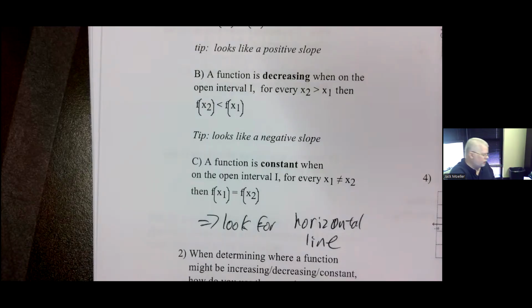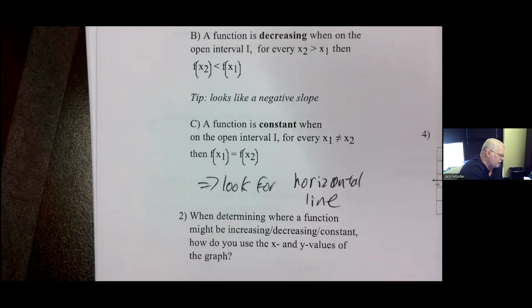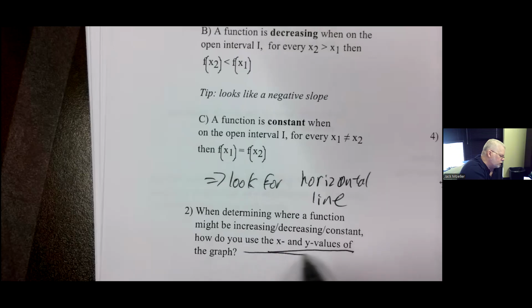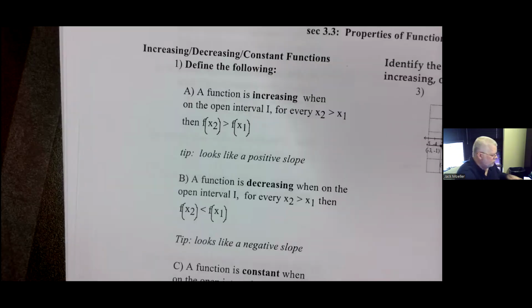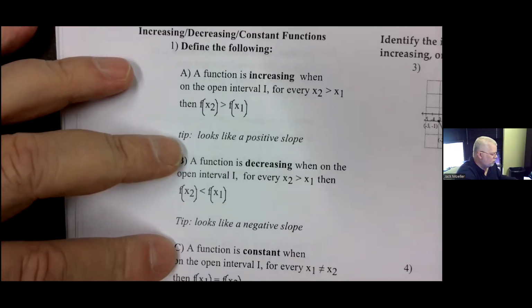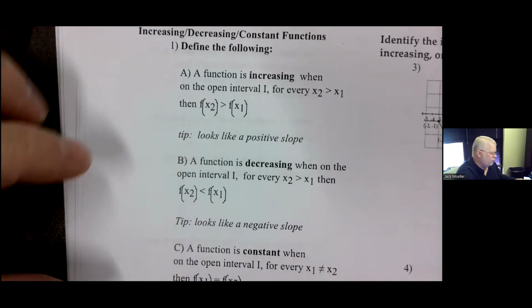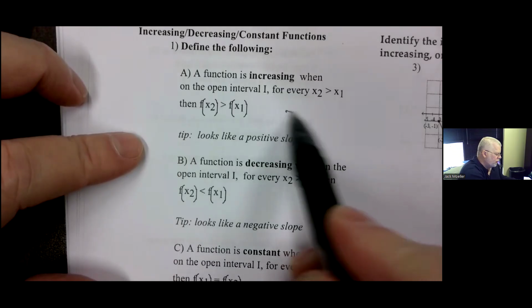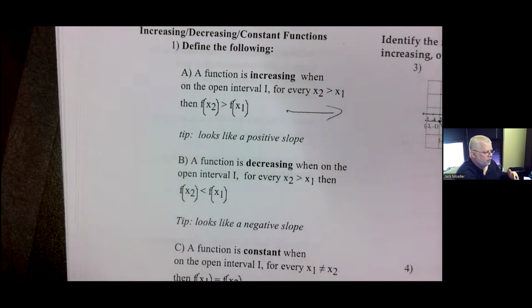Now we have to make sure we can answer the questions correctly. And here's where people get tripped up: it's how to answer the question. So how do we use those x and y values? We use the y values to tell if it's increasing, decreasing, or constant. When we talk about slope, it's that rise over run idea. But since we're always going to the right, the run is always positive.